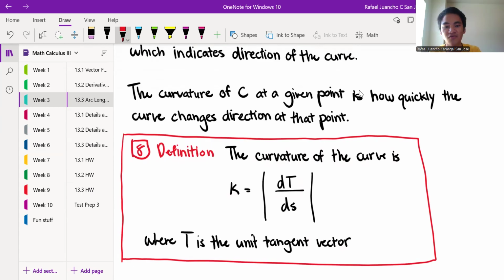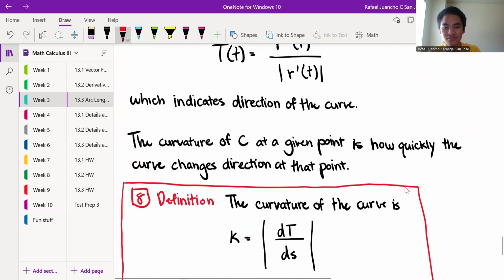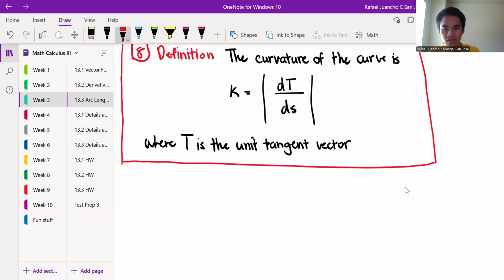If we want to analyze how fast that direction changes, then we want to take the derivative of that tangent vector, which indicates direction. And we do it with respect to its arc length because we're given the arc length. So at least that's my understanding of it.